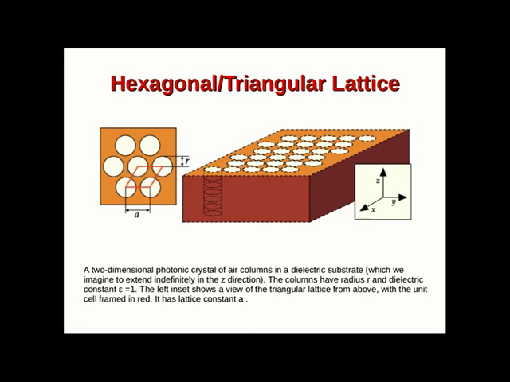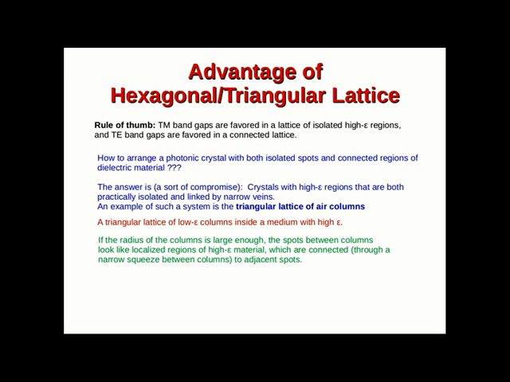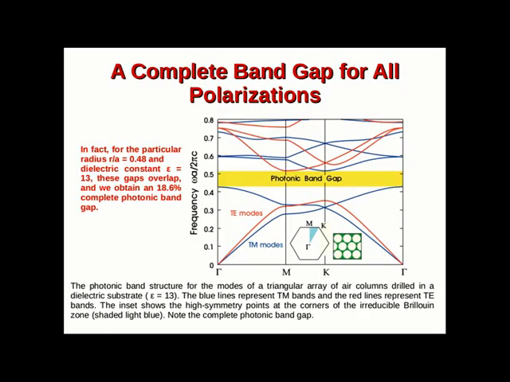If the band structure is calculated for this intermediate structure, it looks something like this. This band structure has been calculated for r/a of 0.48. Epsilon has been assumed to be 13, and if the band diagram is computed for both TE and TM polarization, you can see there is a significant band gap which exists for both of them.